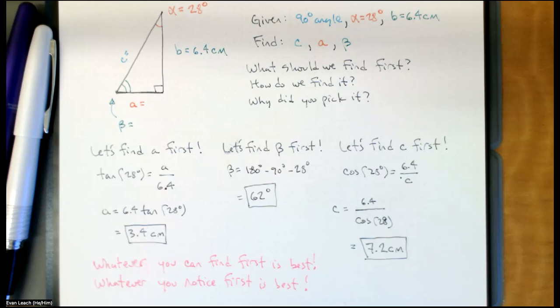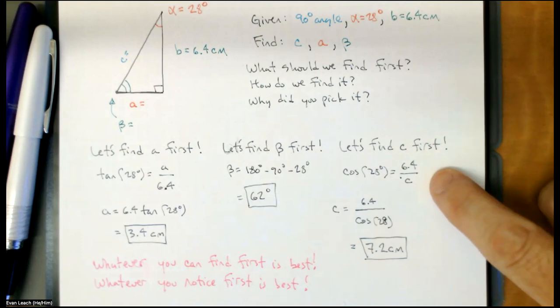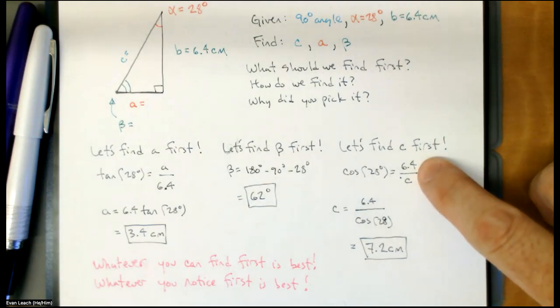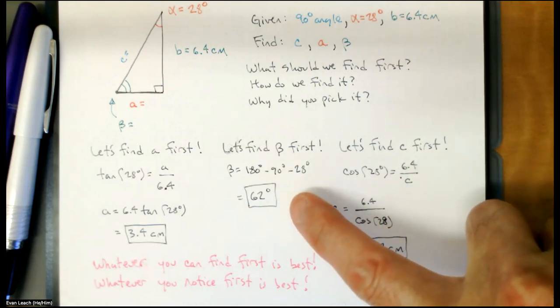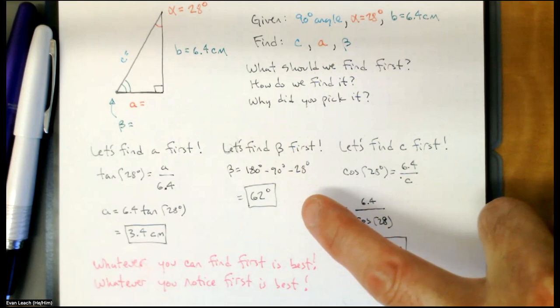That 6.4 is adjacent to the 28, but opposite the 62. So if we have the 62, we can use that. Where we found C by treating the 6.4 as adjacent to 28, the 6.4 is opposite 62.